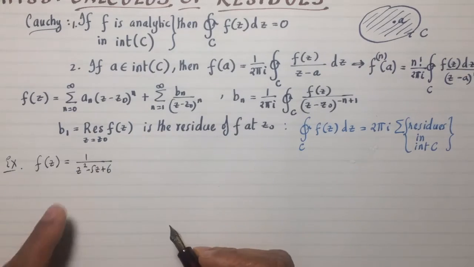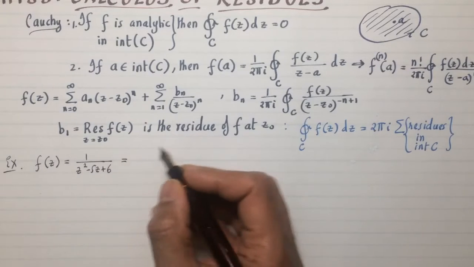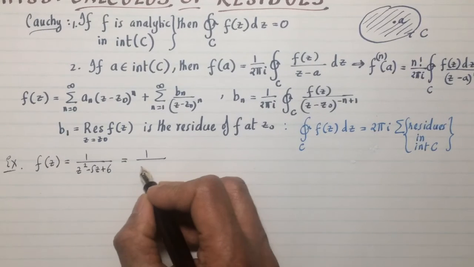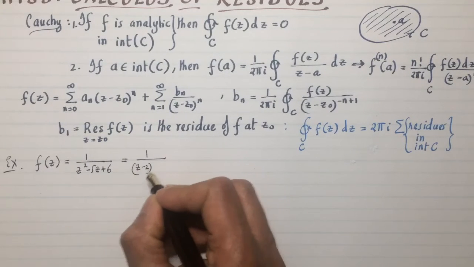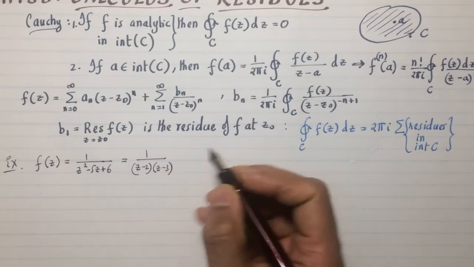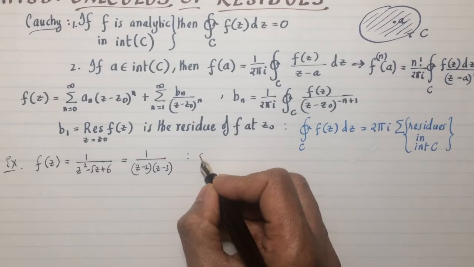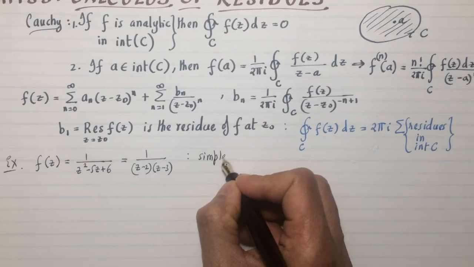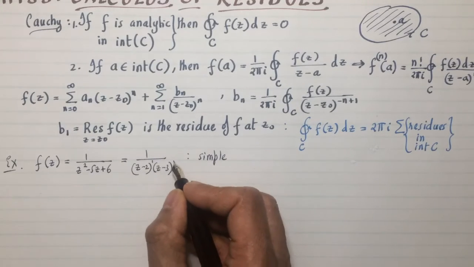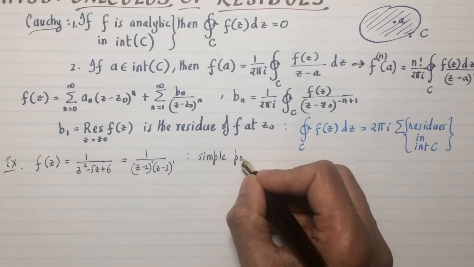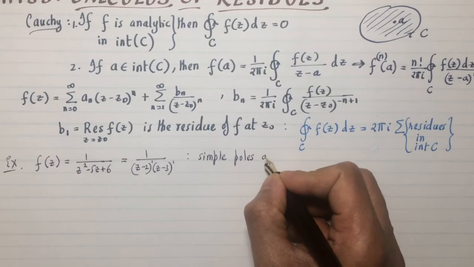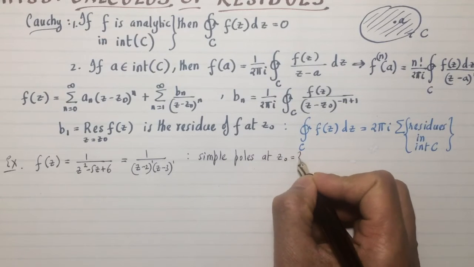First of all, you need to identify where the trouble points are. One good way to do this is to factor it. So I get (z minus 2) times (z minus 3). So this has simple poles, which means that the order of each is 1. Those are called simple poles at z naught equal to 2 and 3.